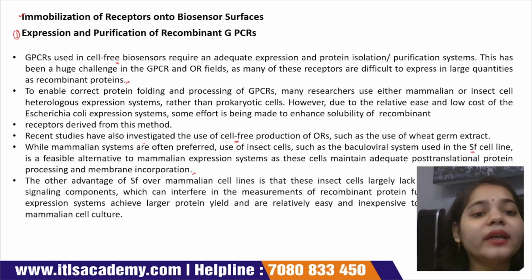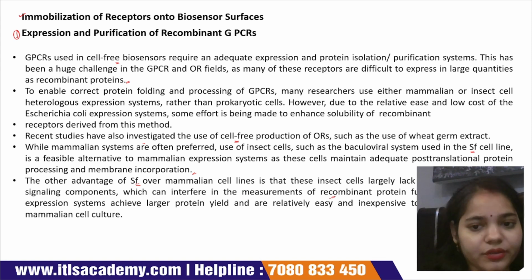Okay, the other advantage of Sf cell line over the mammalian cell line is that these insect cells largely lack endogenous G protein signaling components, which can interfere in the measurement of recombinant protein function.